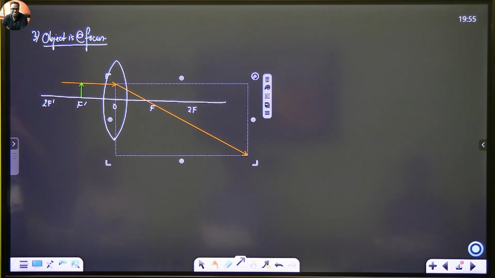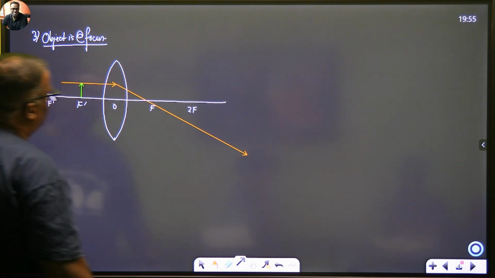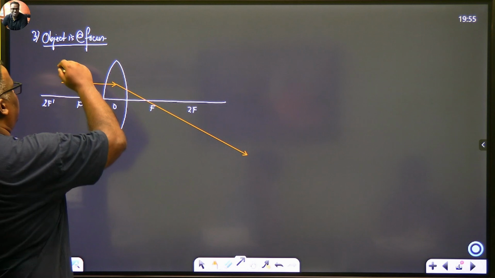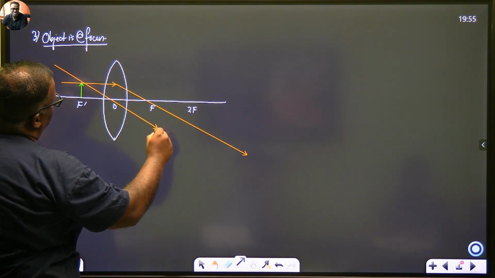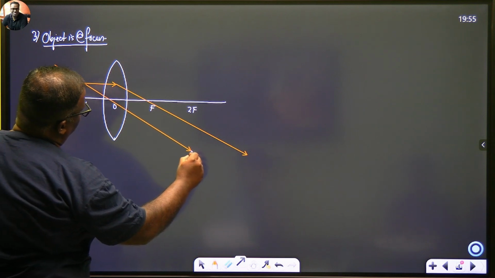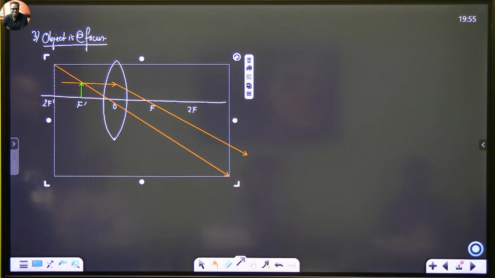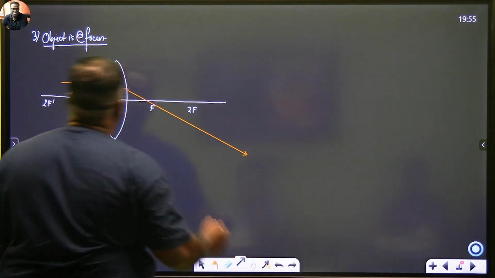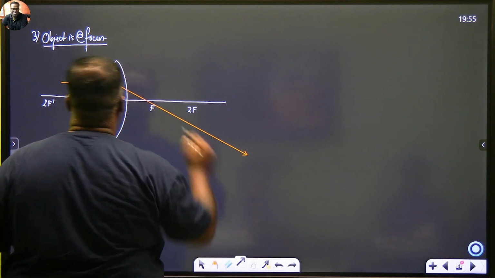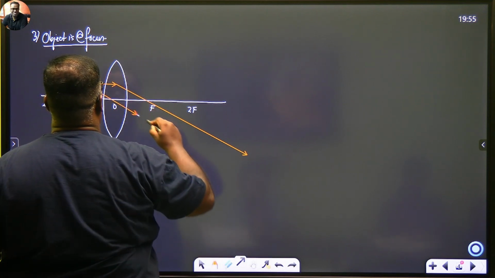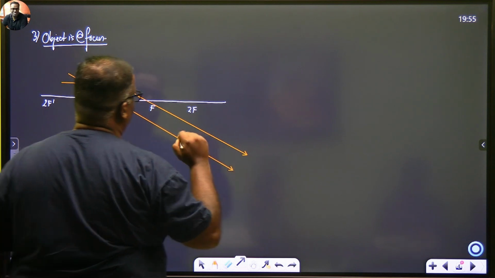Any doubt? Okay. And then another ray of light which passes through the optical center, what was the rule? It goes undeflected. Here you will need to make a bit of an artist's impression, meaning you must have the ability to understand. Okay, it is going undeflected.